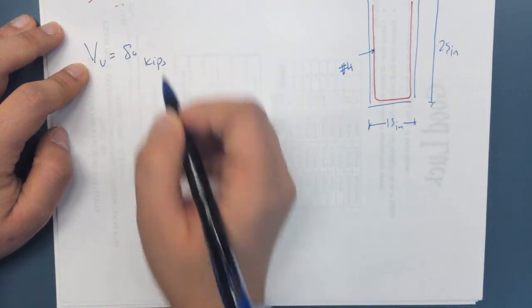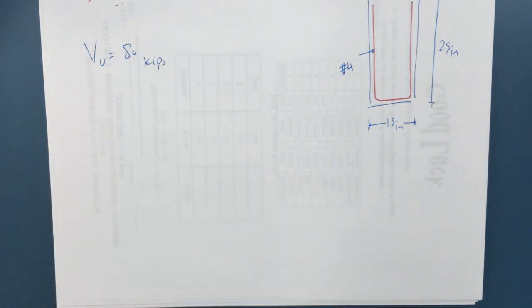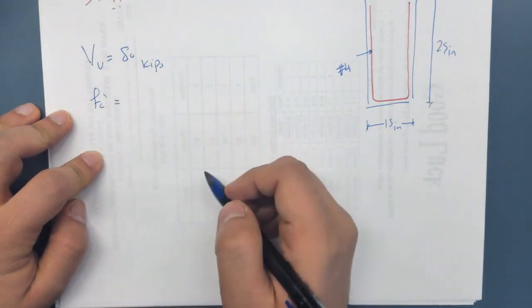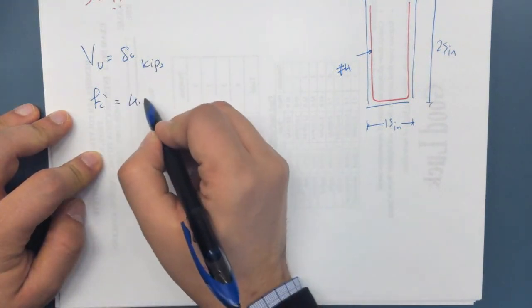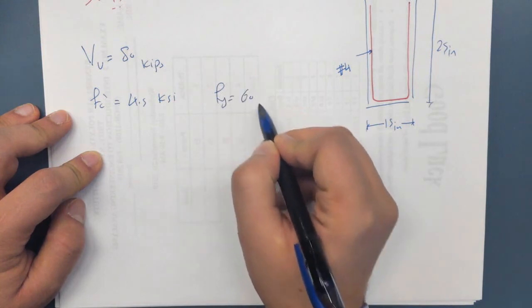So you solve your beam, you find at the support what is the maximum shear, and it turns out to be 80 kips. And assuming that the cover is 1.5 inches and fc prime is equal to 4.5 ksi, and fy is equal to 60 ksi.